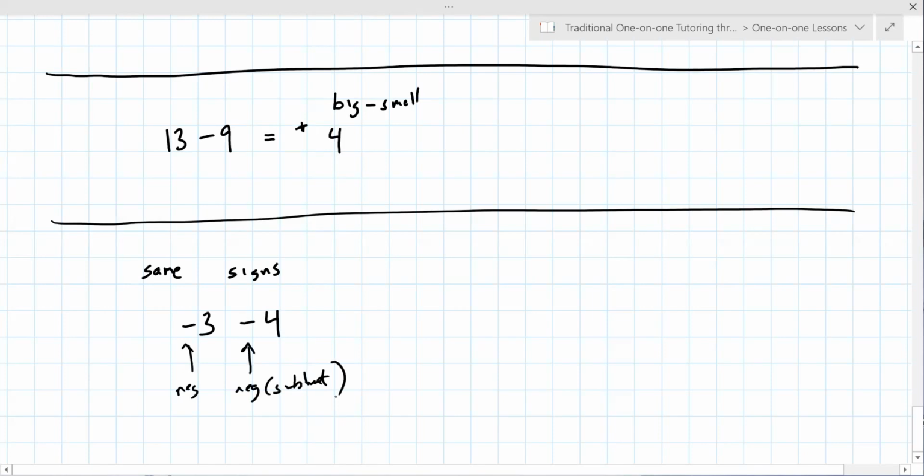When they're the same signs, you keep the sign and then you add the numbers. 3 plus 4, because you've already decided whether it's positive or negative. So that's -7.